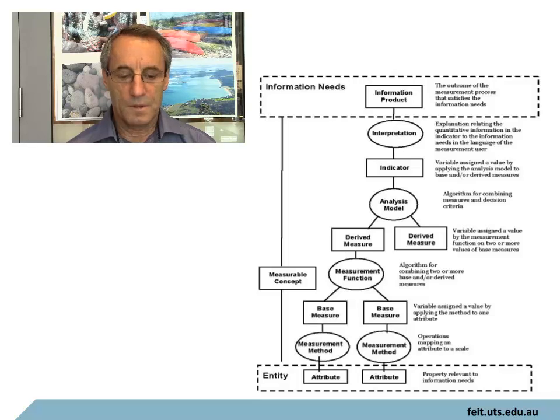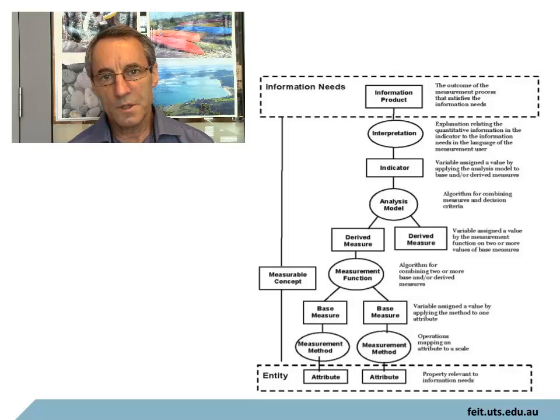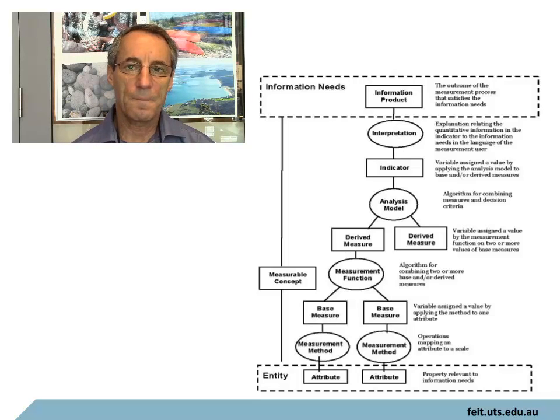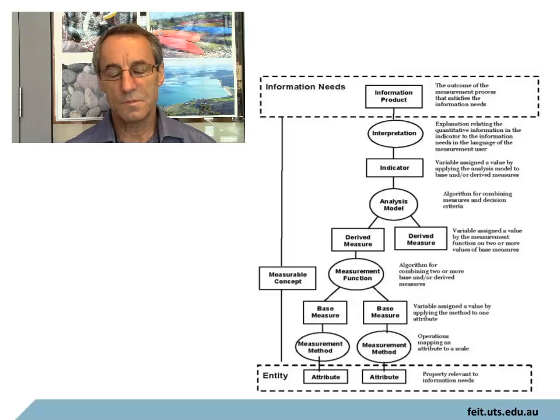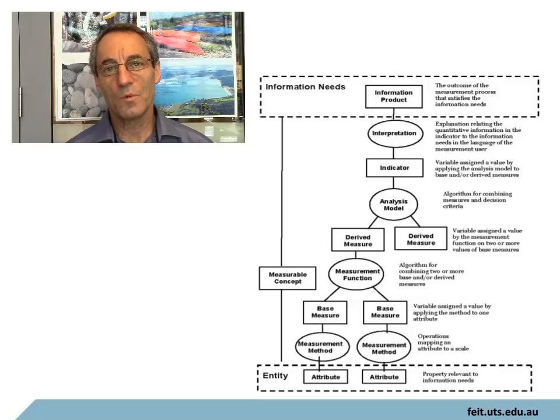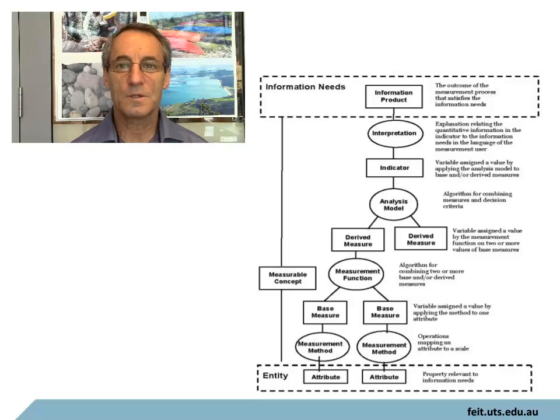Right? Then you may combine those base measures in some sort of a measurable concept to give you one or more derived measures. You combine one or more base measures to give you a derived measure, and you combine one or more base and derived measures to give you other derived measures.